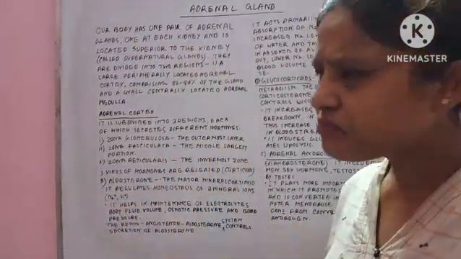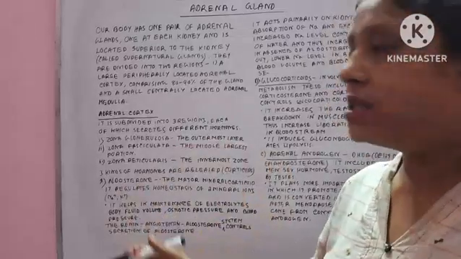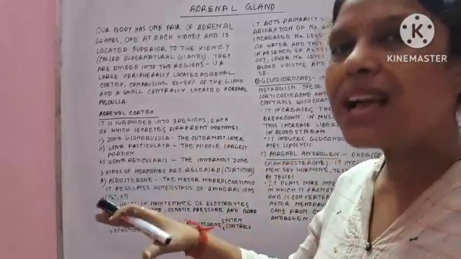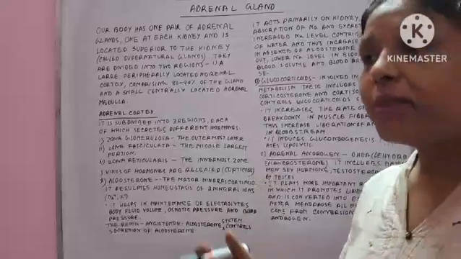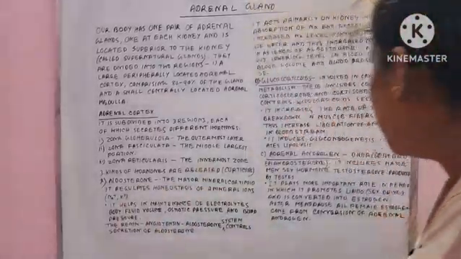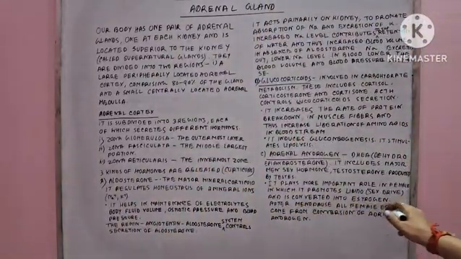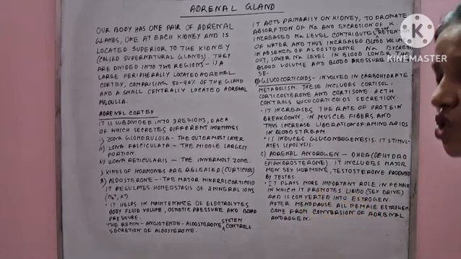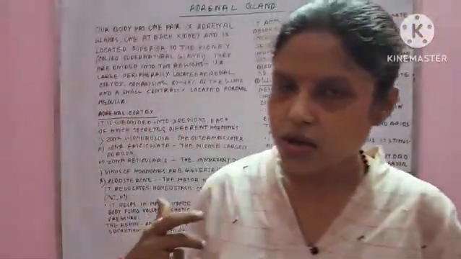In that situation, this adrenal androgen is converted into estrogen and makes a balance in the female body. Clear? So after menopause, all the estrogen in the female comes from the conversion of the adrenal androgen. So these are the hormones released from the adrenal cortex.